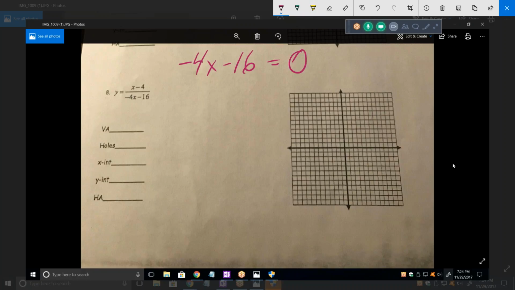That's how you're going to figure out where the vertical asymptote is. Solve that. Okay. -4. Ah. -4 is what makes the denominator 0. Right. I was using the numerator. What's that? I was using the numerator. I got this mixed up.